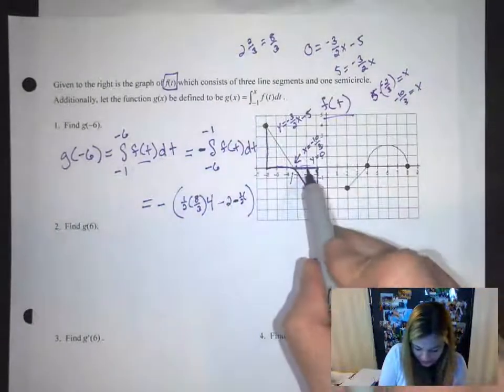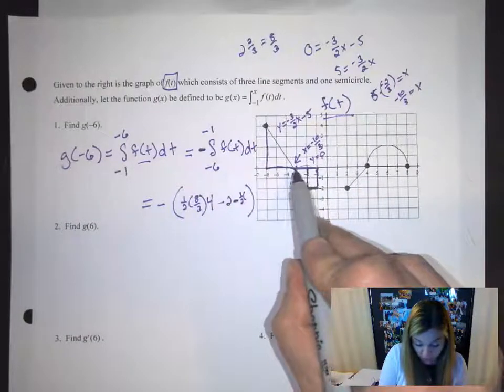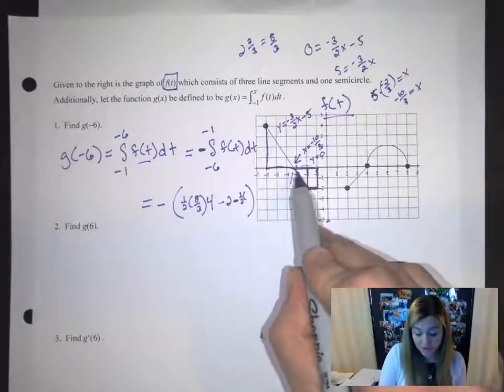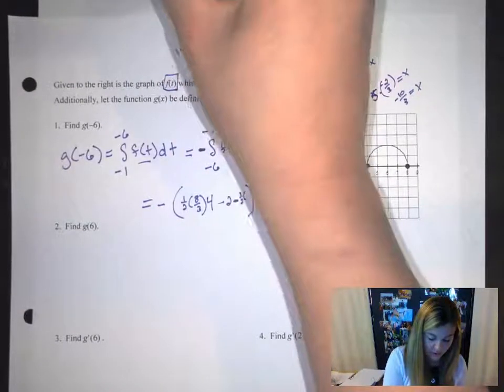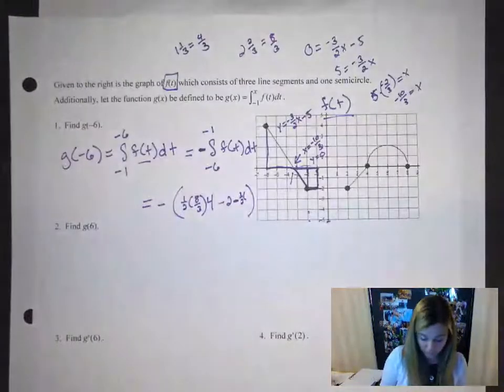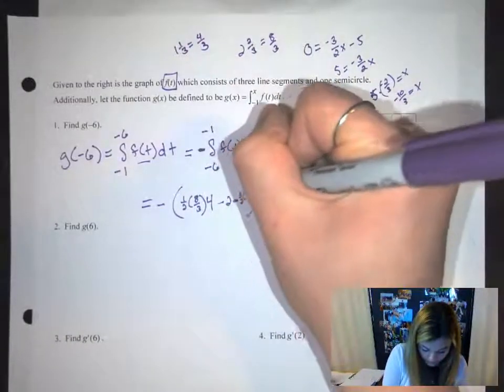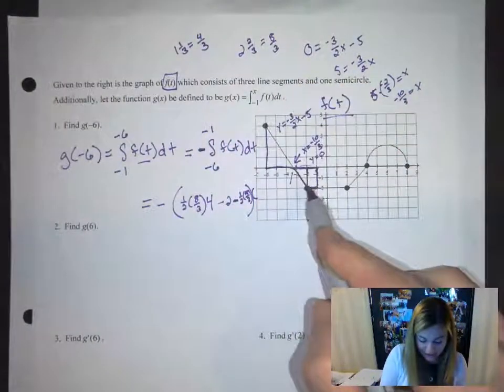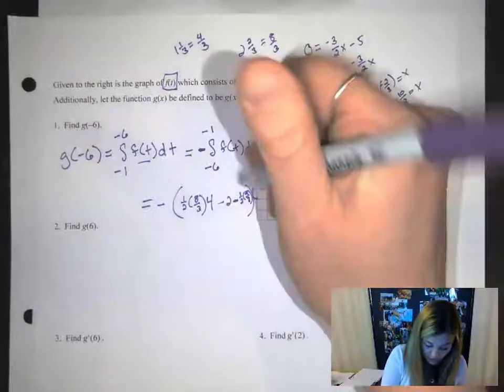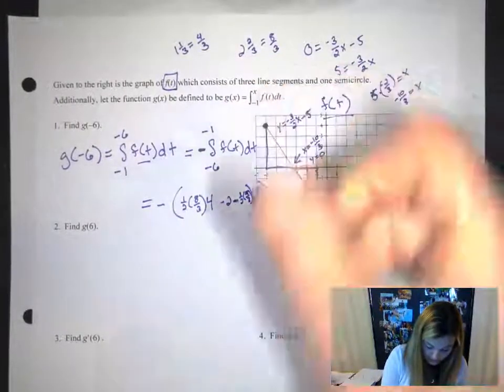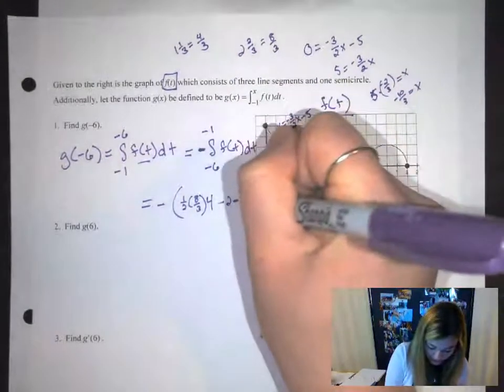The base of this triangle would be 1 1/3 this time. 1 1/3 would be 4/3. The height, I don't have to make it negative because I already said minus this. The height would be 2. And I realize now I have an extra parenthesis for no reason.